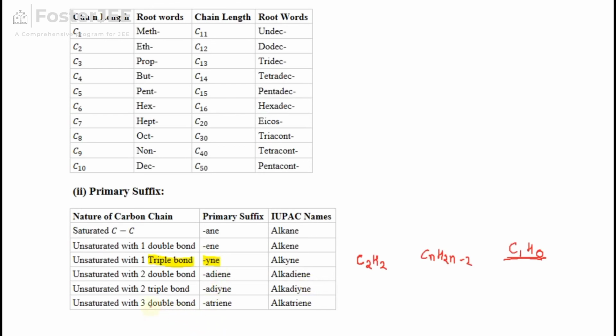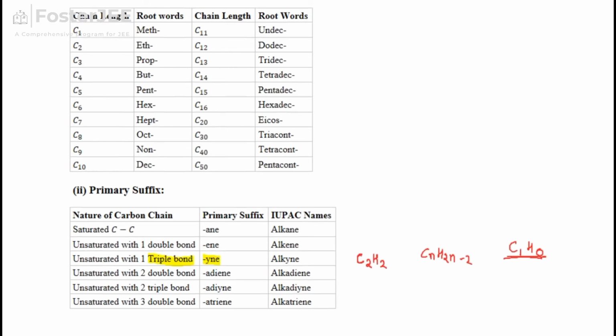Now moving on, if unsaturated with three double bonds, then the suffix will be atriene and the name will be alkatriene, like butatriene. So these are the primary suffixes of the systematic name.